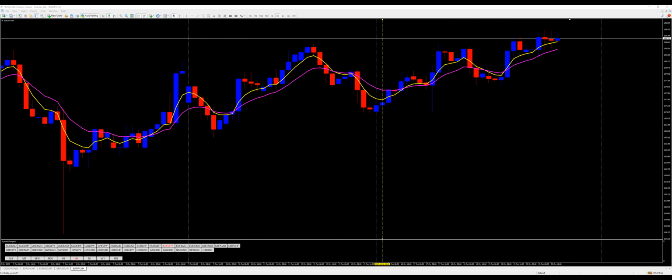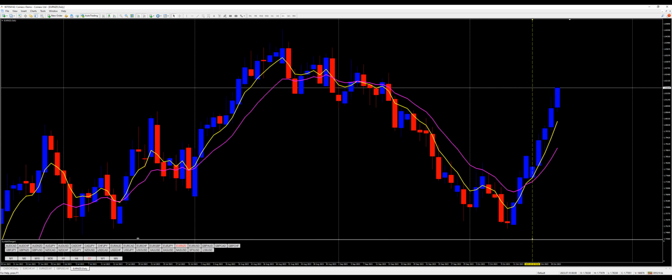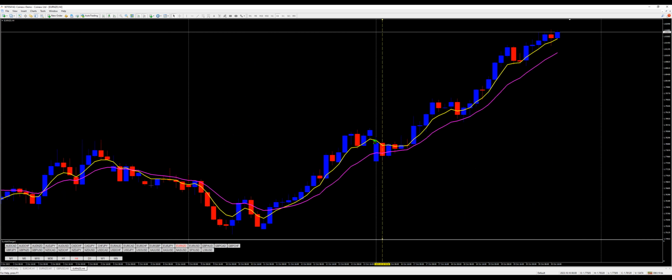Euro NZD. Daily is bullish. Oh, it's a good one. It's just starting up. And 4 hour is bullish, but it's not in sync. So we have to wait on this one.